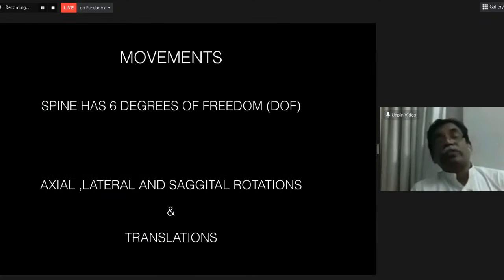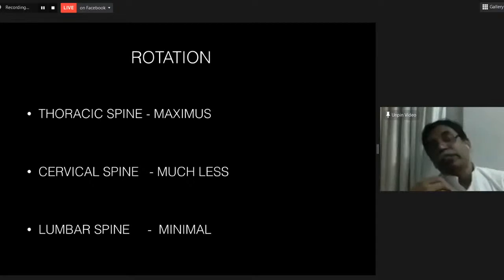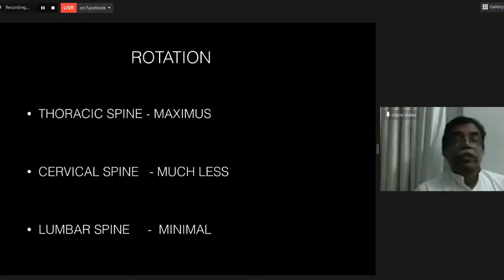Then we all know that the spine moves in all the extension, lateral flexion. I have already discussed with you because of the orientation of it.